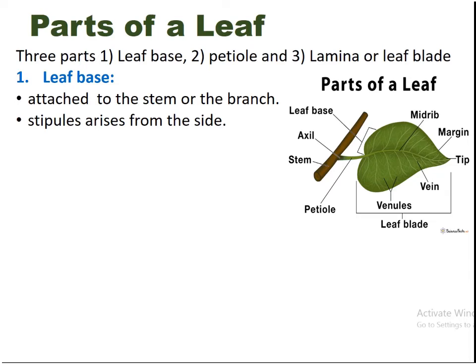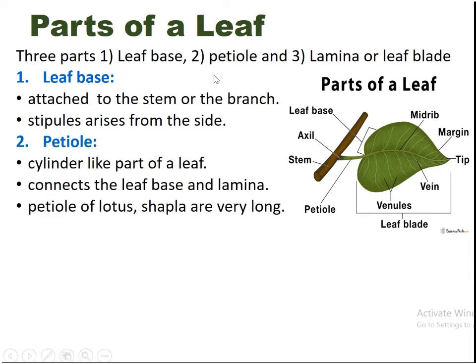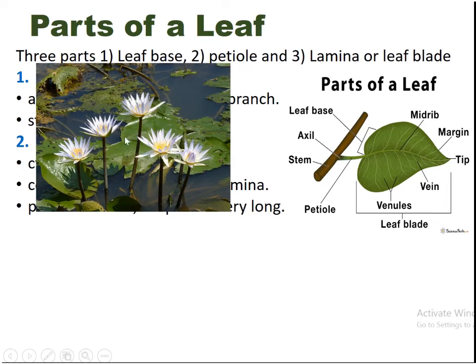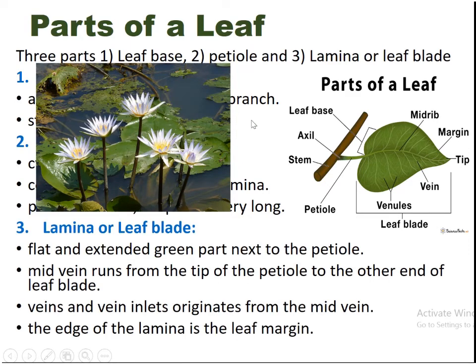Okay, now the second part of a leaf is petiole. Petiole is the cylinder-like part of a leaf. It connects the leaf base and the lamina. The petioles of lotus or shapla are very long. See here, they are large in size. Now the third part of a leaf is the lamina or leaf blade, the flat extended green part next to the petiole.